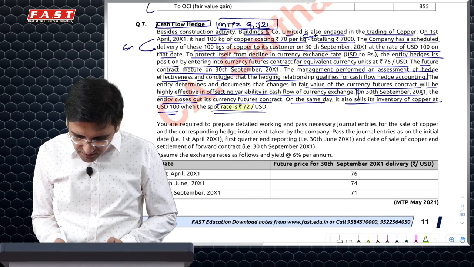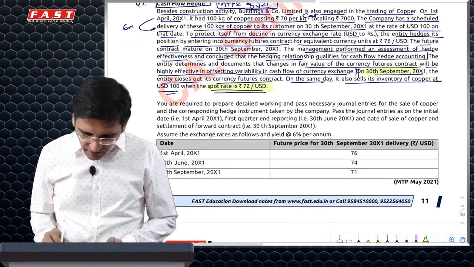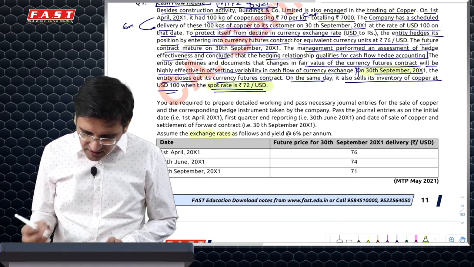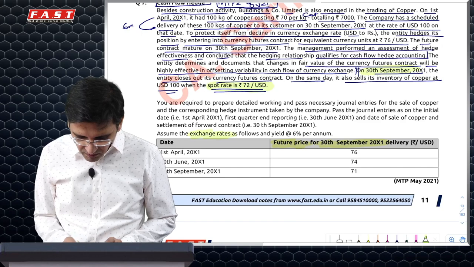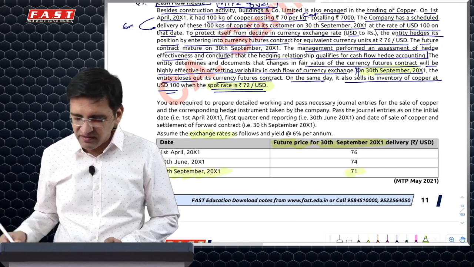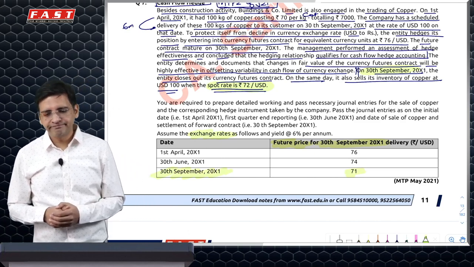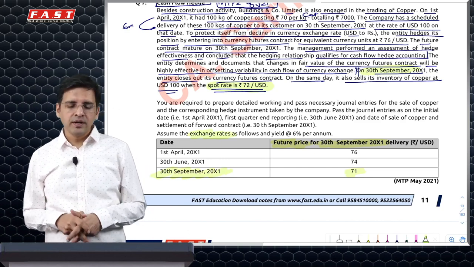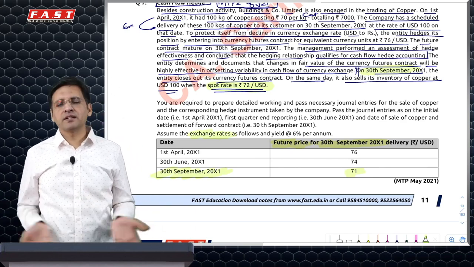Here they have given that the spot rate on 30th September is 72, whereas here they have given that the exchange rate for future price for 30th September on 30th September is 71, which is very, very unusual, because if you take a future on 30th September for 30th September, that is nothing but the spot rate.